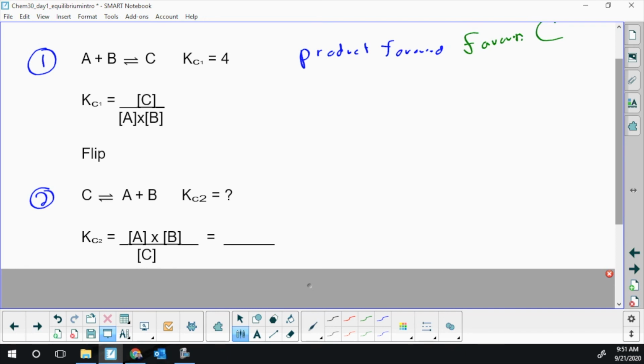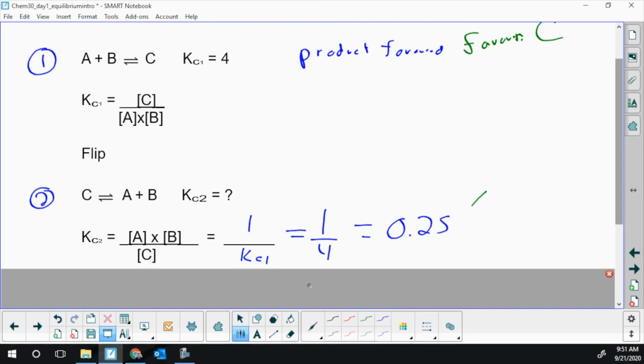First is a nice short way to say that, 1 over Kc1. So when you flip an equation, products or reactants, you have to inverse the Kc value. So 1 over Kc1, which, well, we know Kc1, that's 4. So this would be a quarter.